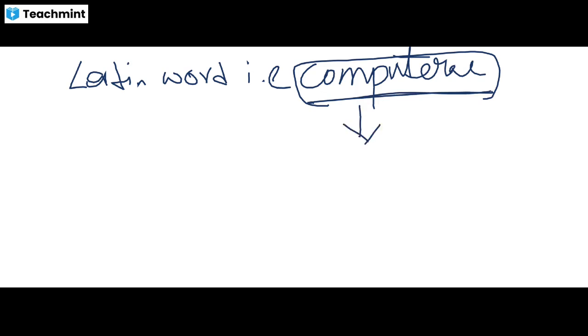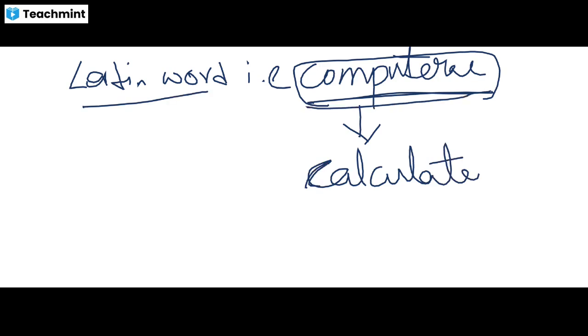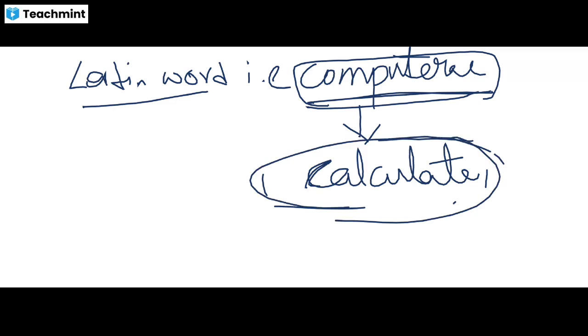Computere means calculate. The word computer has been derived from the Latin word, that is which Latin word? Computere. ఈ కంప్యూటరీ అంటే ఏంటి? What is the meaning of computere? Computere means it is calculate. By this we came to know where the word computer is derived from.